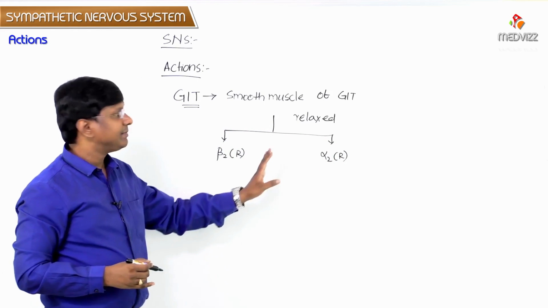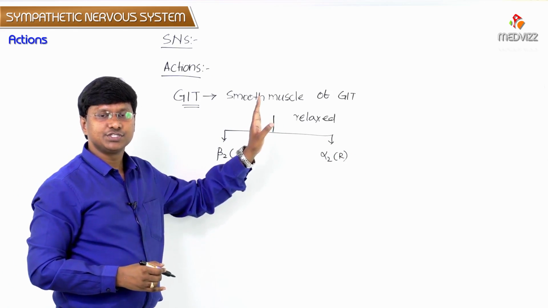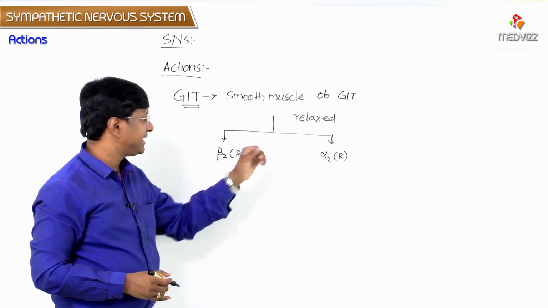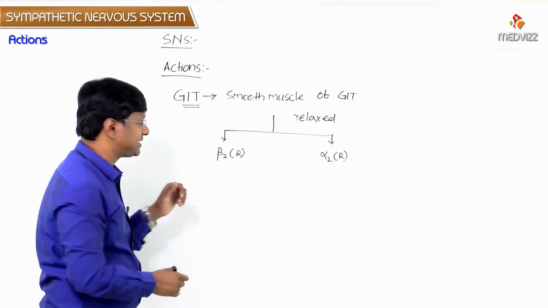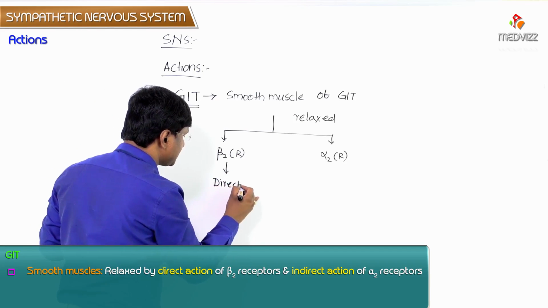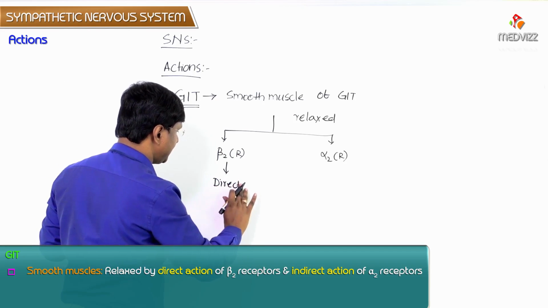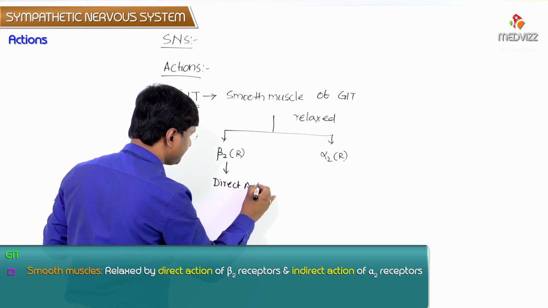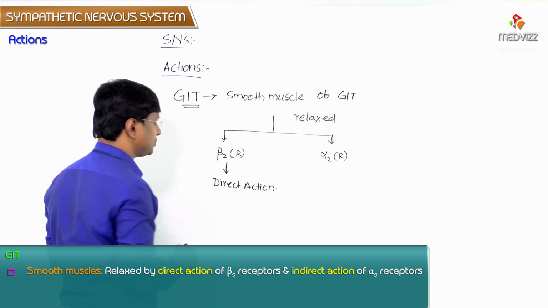Remember, the GIT is relaxed by stimulation of the beta 2 receptors. This is the direct action, that is, the sympathetic nervous system directly acts on the beta 2 receptors.